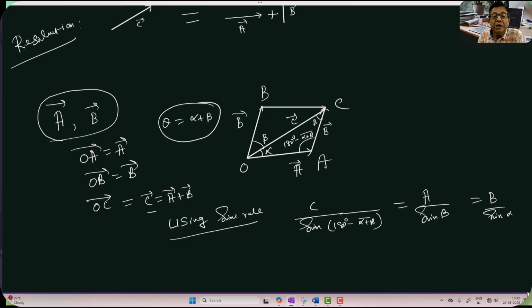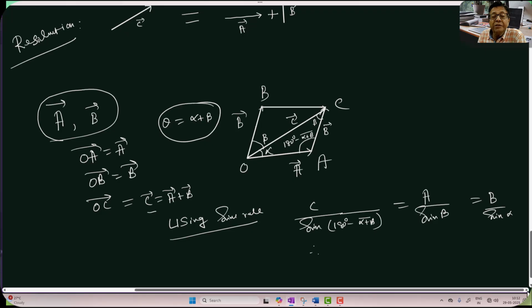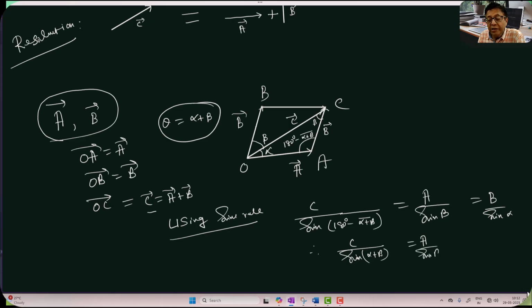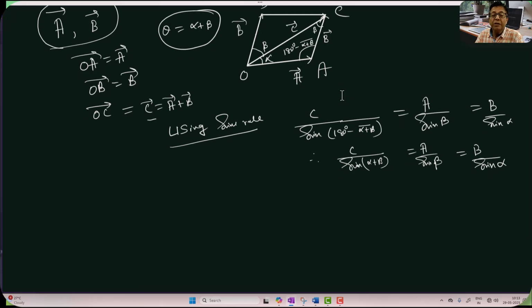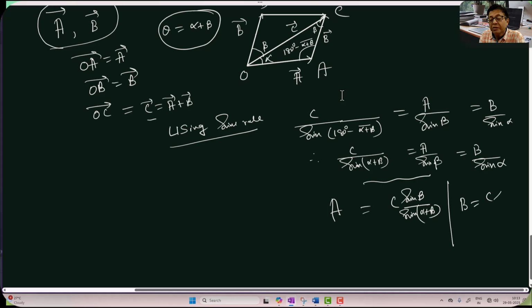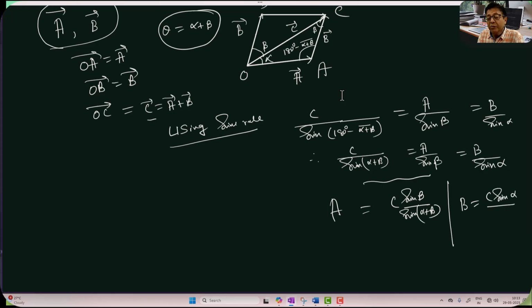This is the triangle law: length of side divided by sine of opposite angle, for each side. Therefore, C by sine alpha plus beta equals A by sine beta, beta not B, B by sine alpha. C is the resultant. Here you just compare these two. The vector A is coming: this is C sine beta divided by sine alpha plus beta, and B equal to what?